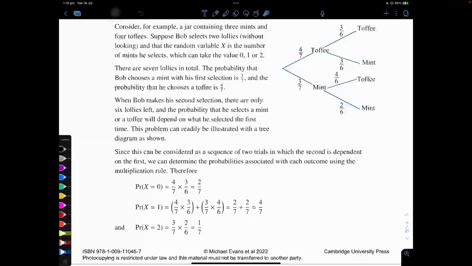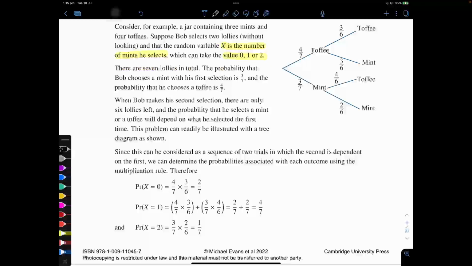X is the number of mints he selects, which can take the values 0, 1, and 2.